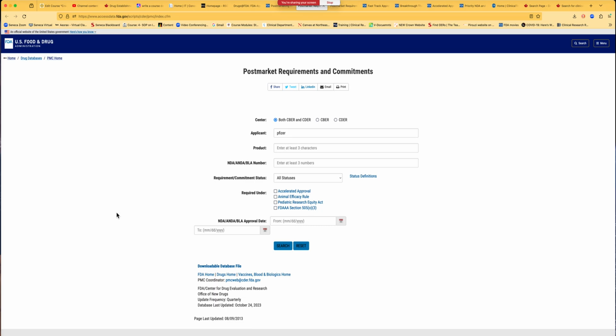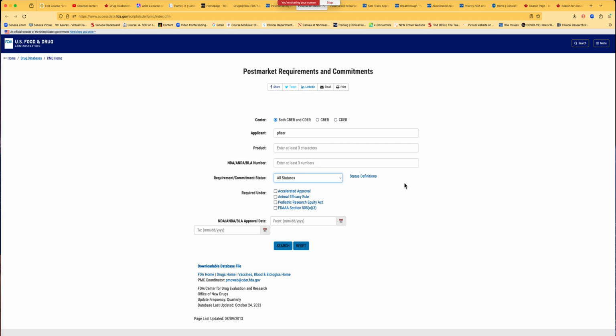I look at the NDA, which is New Drug Application, and ANDA, this is for generic drugs, standing for Abbreviated New Drug Application, or a Biologics License Application number. You can put that. We also look into the requirements' status. Are they pending, released, fulfilled, ongoing?